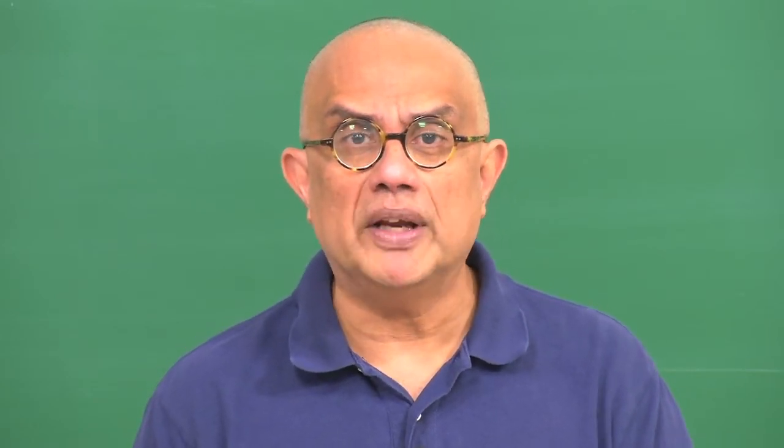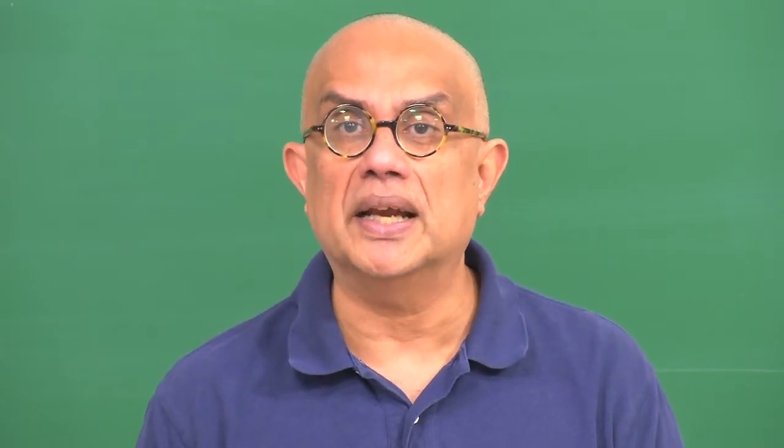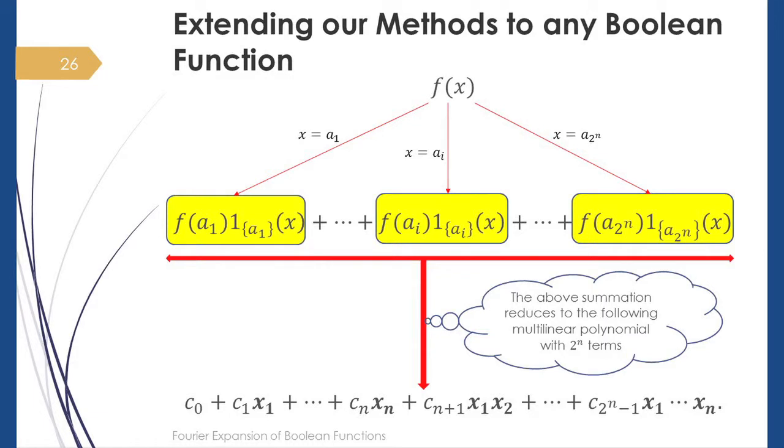So, just as a very simple but a useful exercise, we will consider extending our methods to any Boolean function, where you have given the function f and you know that the form we are seeking is for the first value a1, the indicator polynomial times the function value, through the ith value ai times the indicator polynomial for the ith value, all the way to the last value, which is ranging over, as you know, inputs 1 through 2 to the n.